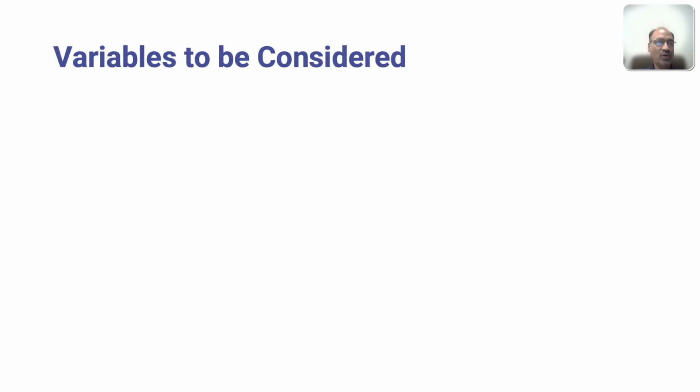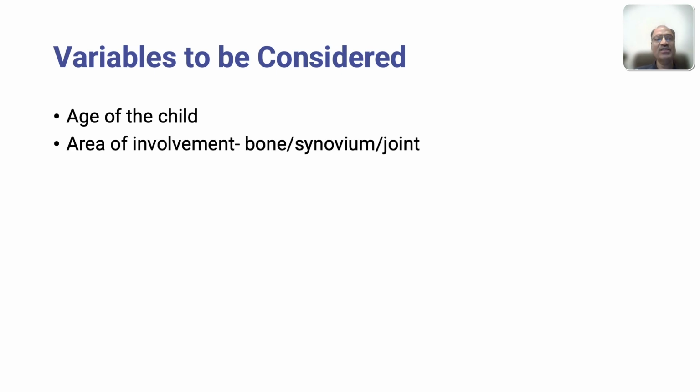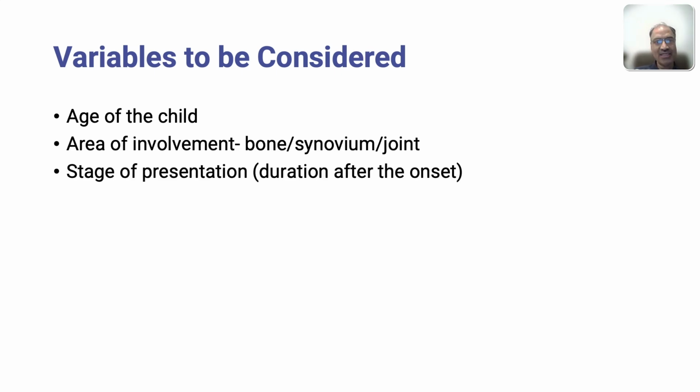It's very important to understand that every case of tuberculosis cannot be managed the same way. So there are various variables like the age of onset, the age at presentation. Next slides. Next, the age of the disease. Next, the stage of the disease, the area of involvement. Next slides.